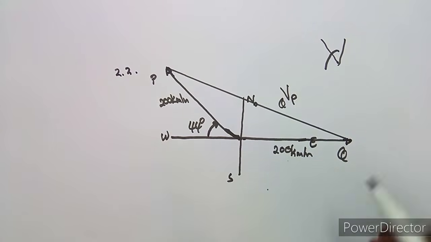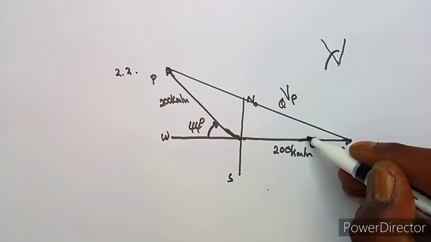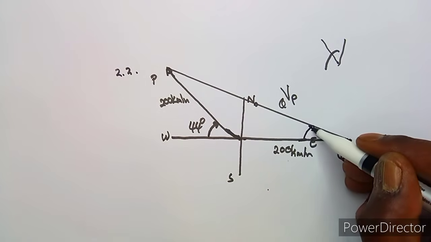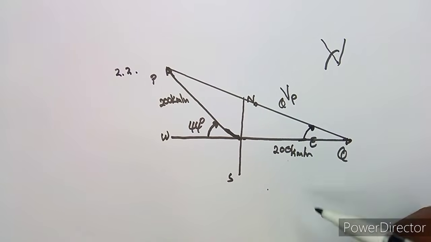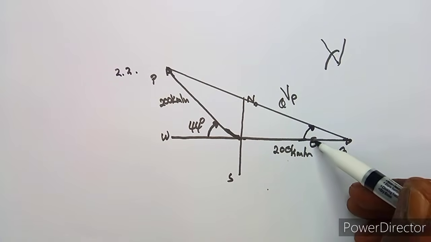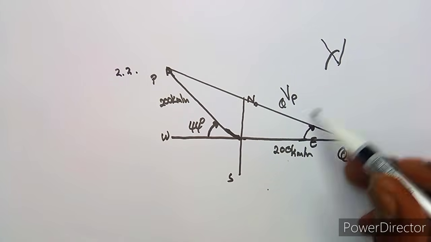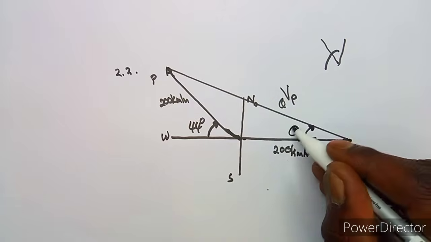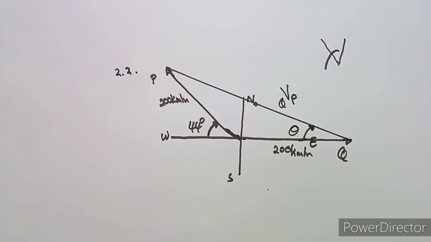The direction is going to be Q relative to P, so we are going to work with this direction from Q, which is from the east going to the north. We can just say this is our theta. How can we now find this velocity and this direction?